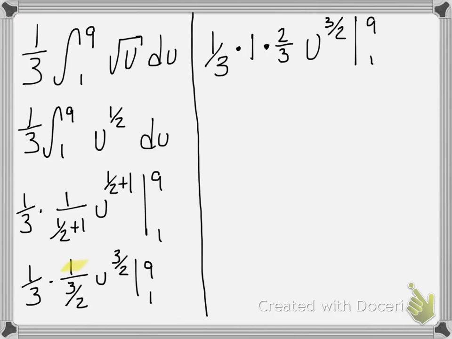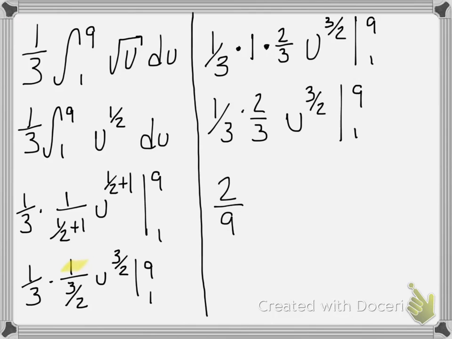And so that's going to give us 1/3 times 2/3 u to the 3/2 from 1 to 9. And so there, just multiply straight across. 2/9 u to the 3/2 from 1 to 9.